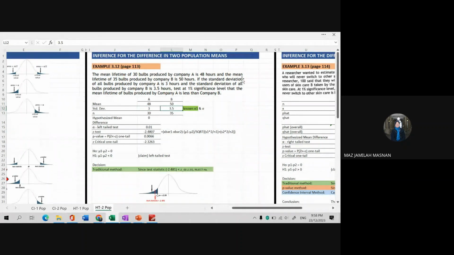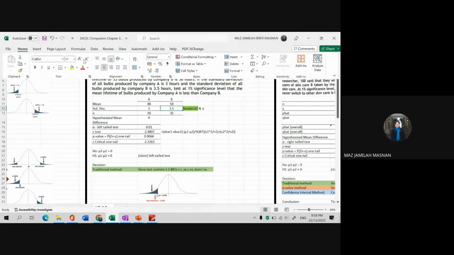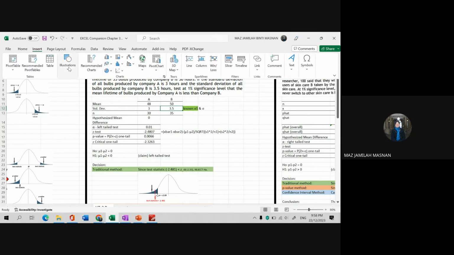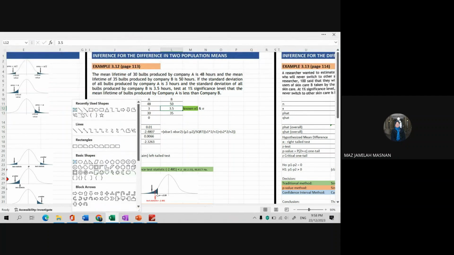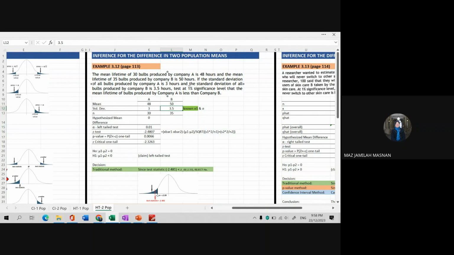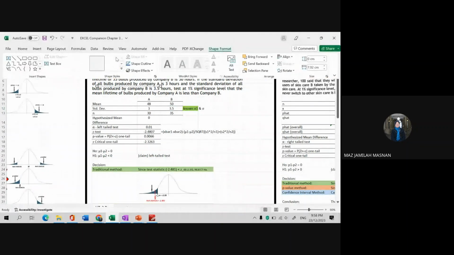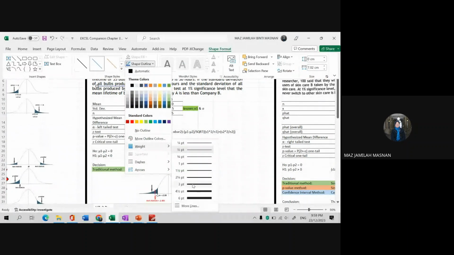Now, look at the statement here. Let me put in the line because my pen is not working. Let me underline the words: the standard deviation of all bulbs produced by company A, and let me change the color to red.